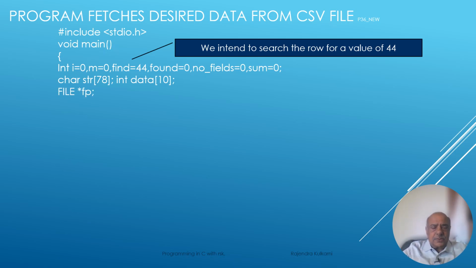Then there is a declaration of a file pointer star fp, where FILE is a structure defined in stdio.h, and that structure contains a lot of information about the file to be opened, and it also contains an important pointer.